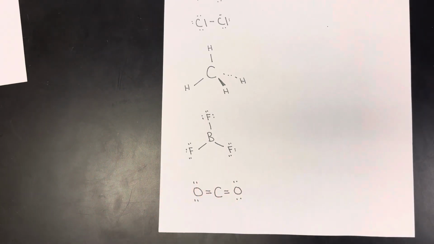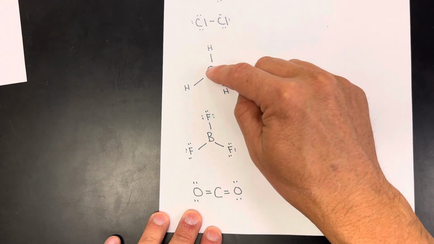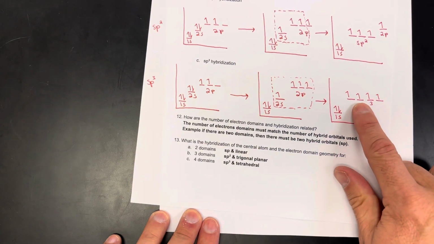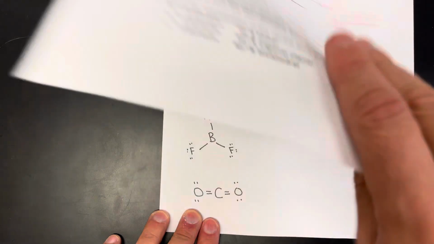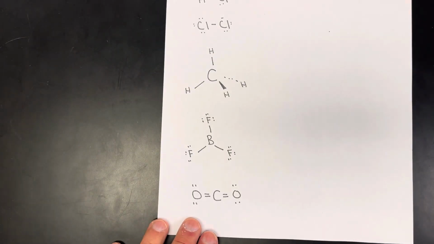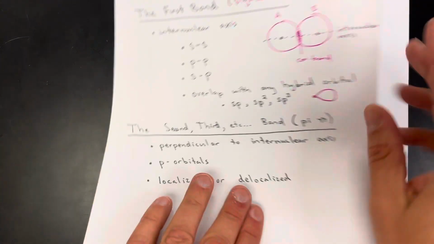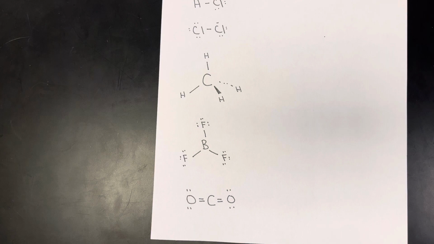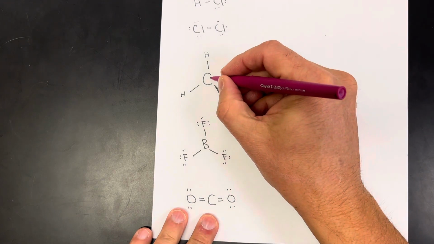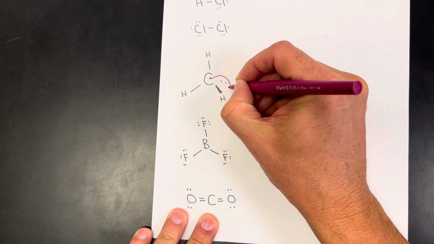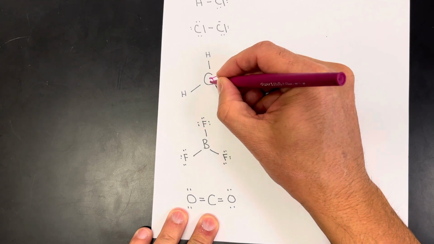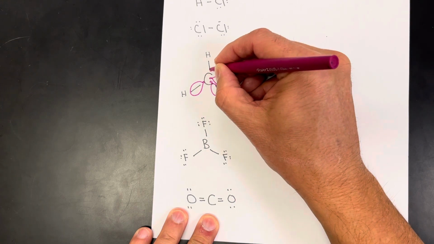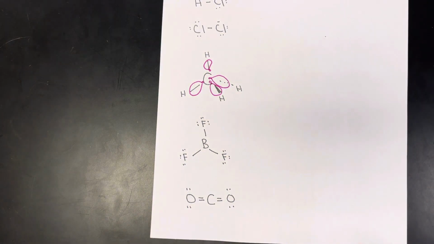So the type of orbital that carbon is giving out right here is a hybrid orbital, and it's called sp3, and there's 4 of them. So remember, a hybrid orbital is an insignificant lobe, okay, followed by a significant lobe. That's what a hybrid orbital looks like. So if we had an insignificant lobe and then a big lobe, and that takes place in all of these directions, this is what we would get right here, something that would look like hybrid orbitals.